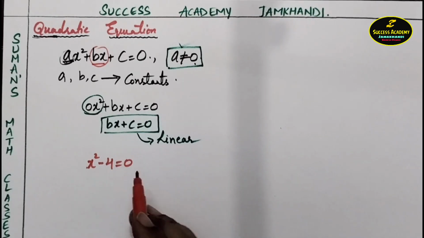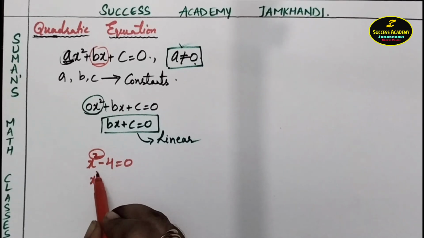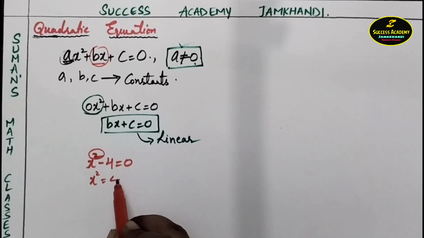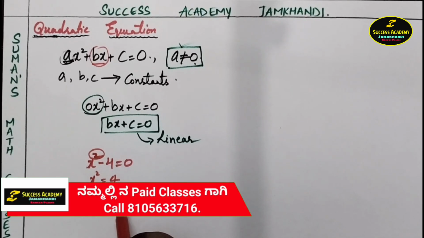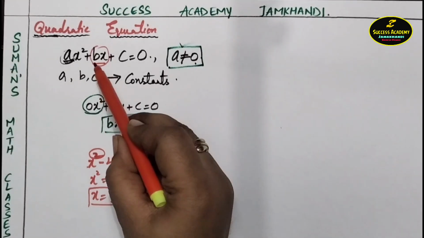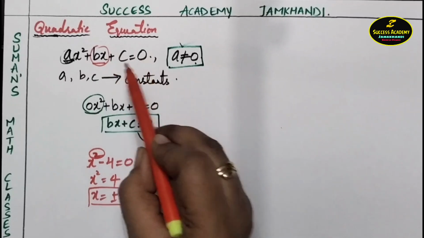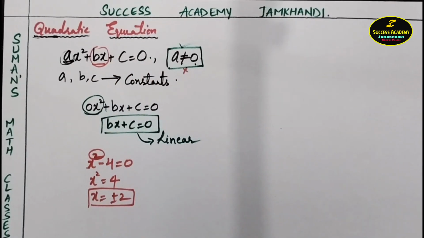Yes, then also it is a quadratic equation because of its higher degree 2. So it becomes x square equals minus 4 shifted to plus 4, and x is equal to the square root of 4, plus or minus 2. Hence, either b or c being 0 doesn't matter, but a should not be equal to 0. Okay, point to remember.